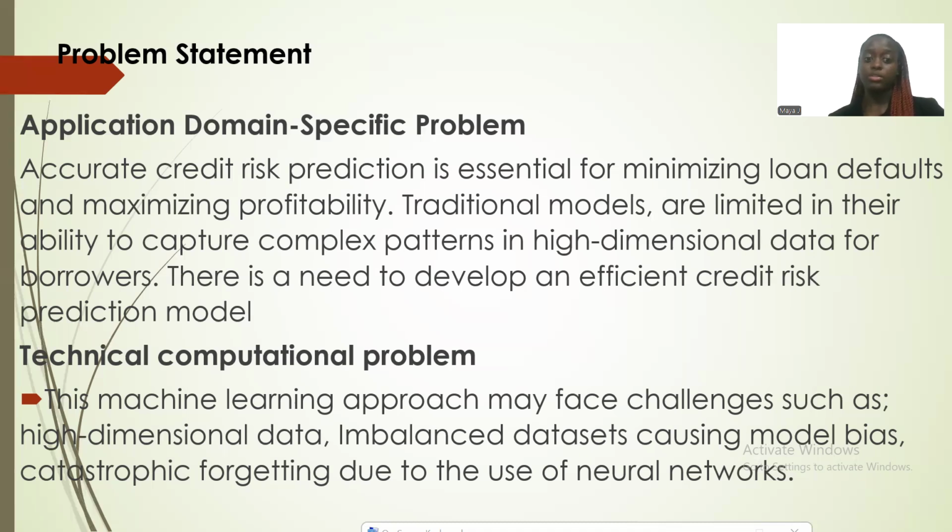The technical computational problems we face when a machine learning model is learning: the data is too high dimensional, but now we have distillation to cover that gap. If our data set is imbalanced, the model could get some bias and catastrophic forgetting.